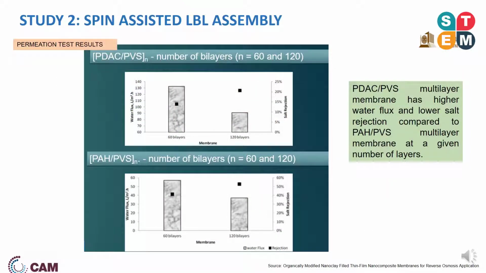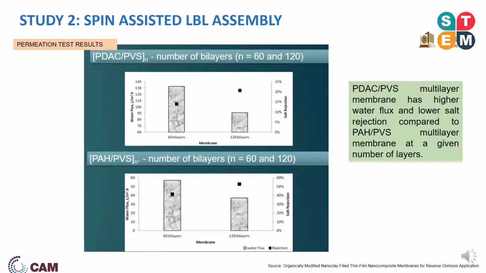From the permeation test results, it is seen that both the 60 bilayer and 120 bilayer depositions of the strong polyelectrolyte can improve the water flux, but the salt rejection is not considerably improved.